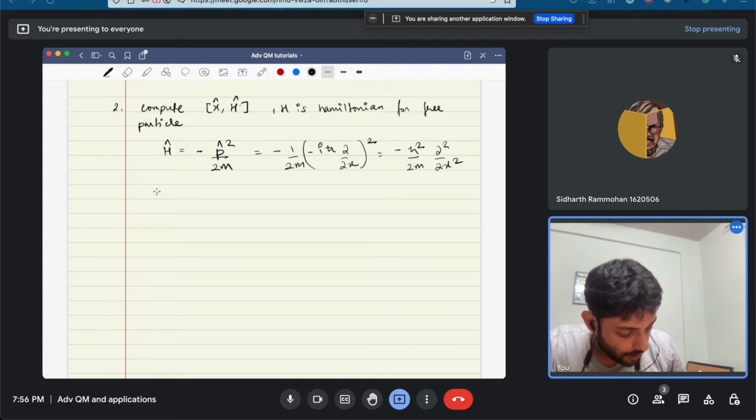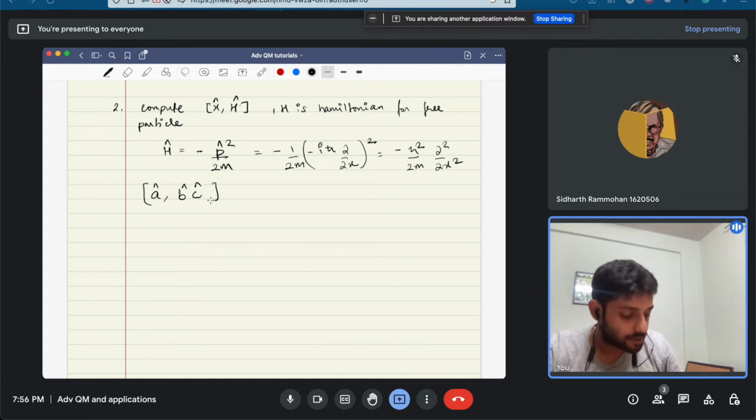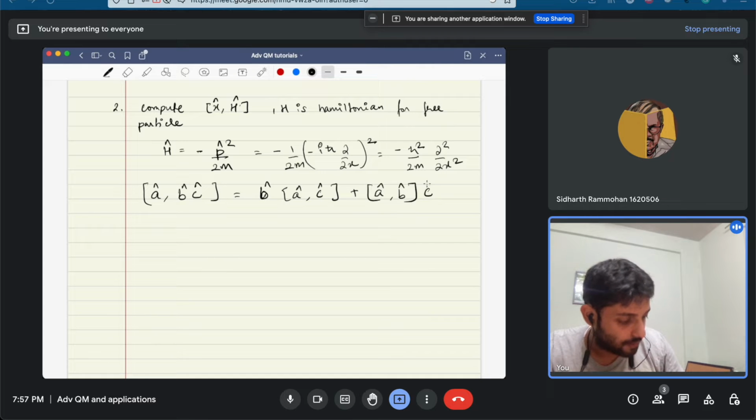When you have [A, BC], let's say you have a multiplication of operators, then this can be written as B [A, C] plus [A, B] C. We are going to use this property to find out the commutators, because we know the commutation between x and p, so this property can be very useful here.